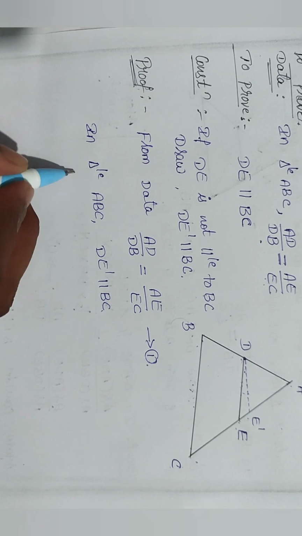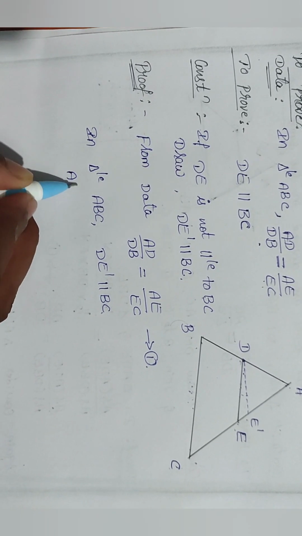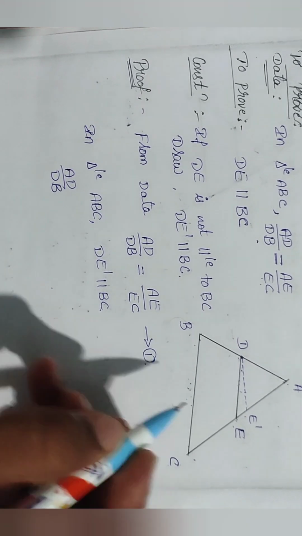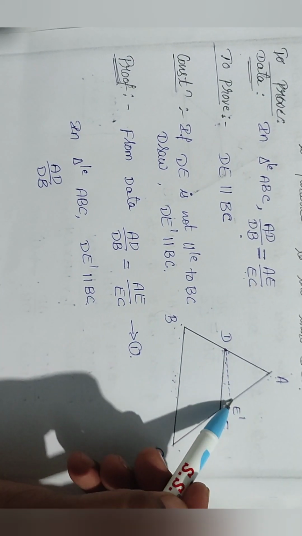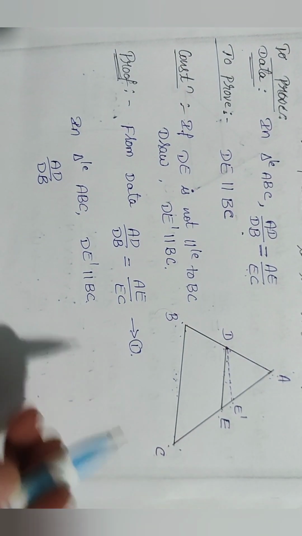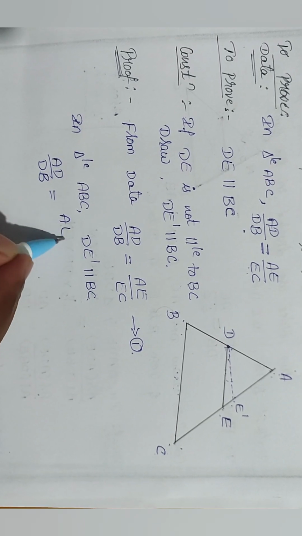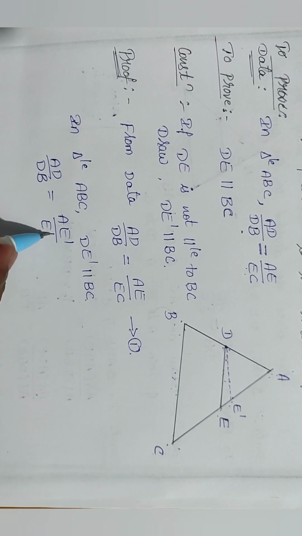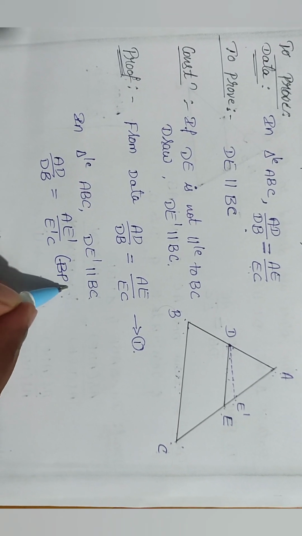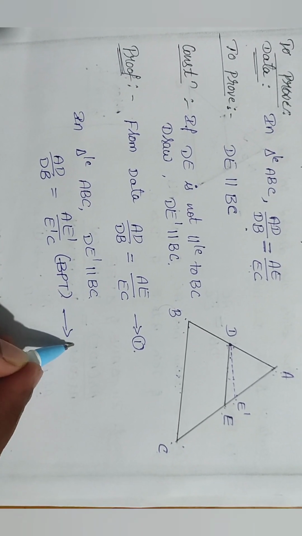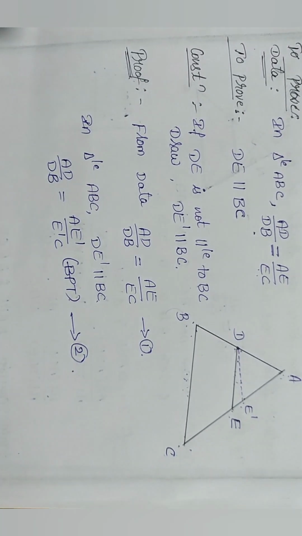By this condition, I can write AD divided by DB is equal to AE dash divided by E dash C. This is by BPT, the basic proportionality theorem. We call this equation number 2.